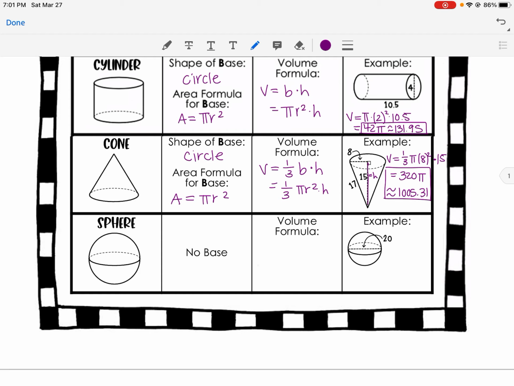Okay, last but not least, the sphere doesn't have a base, right? But the volume formula is 4/3 pi r cubed.